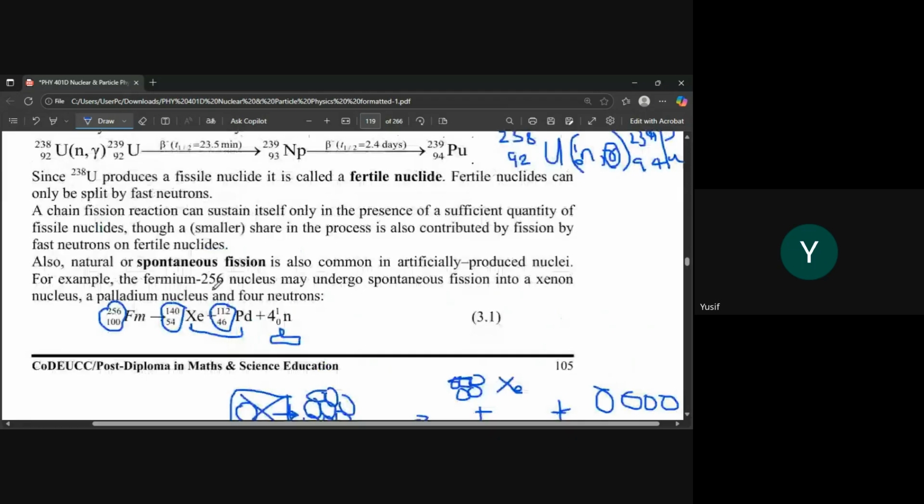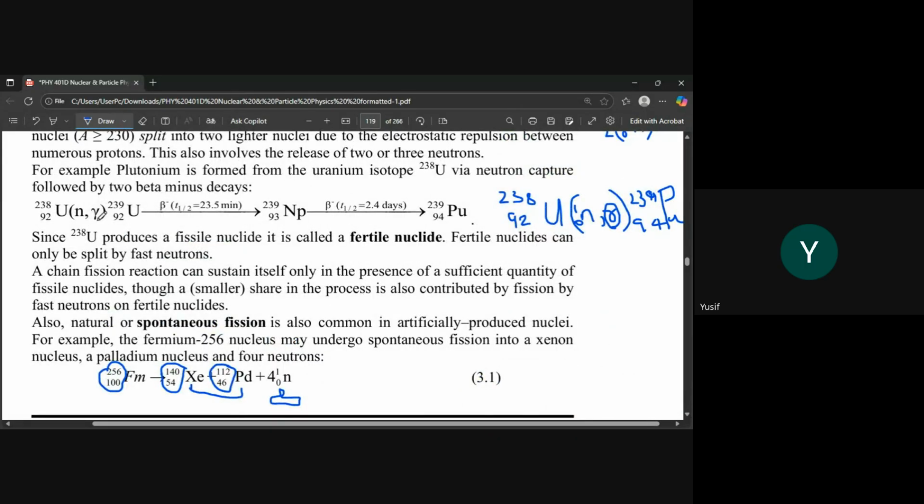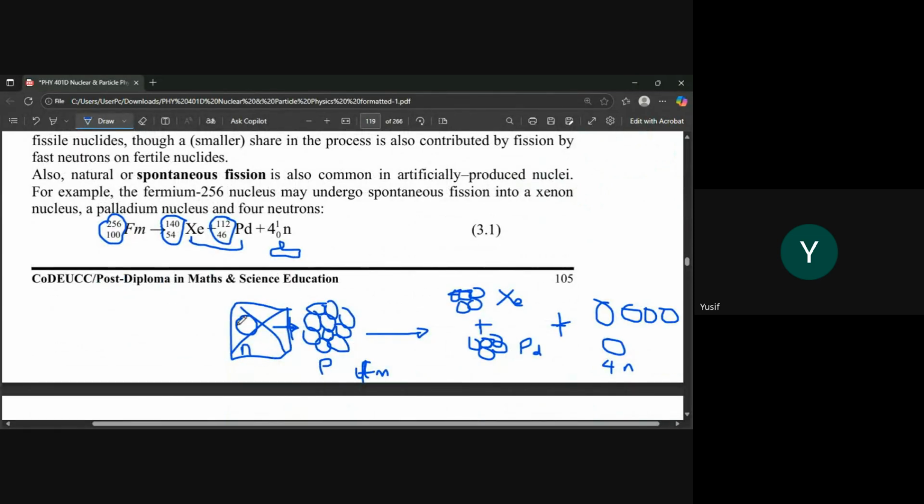But I was trying to use this as the example, so this one is artificial. You have to first hit it with a neutron before you'll be able to produce the product. The atomic number and the mass number will be provided. I'll give it to you from the periodic table.